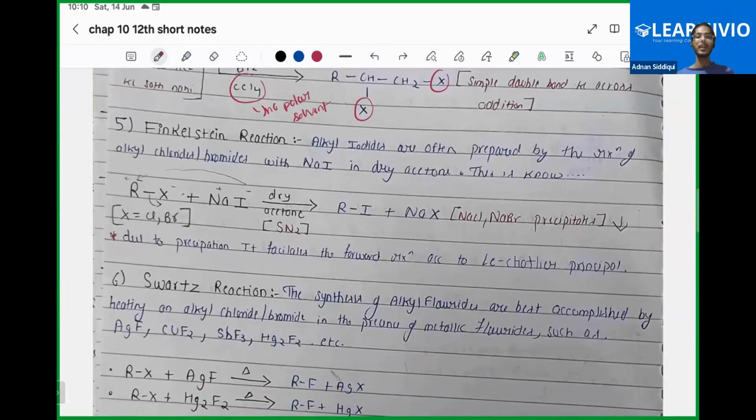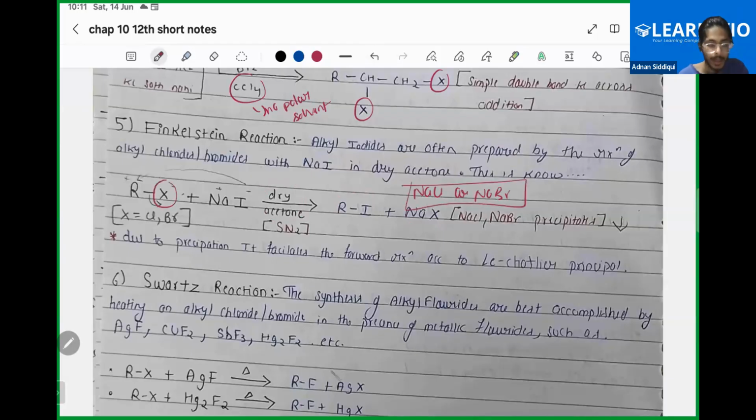For this reaction, we react RX, the haloalkane, with NaI, sodium iodide, in the presence of dry acetone. This is important. You get RI and NaX. This NaX could be NaCl or NaBr depending on the starting reagent.